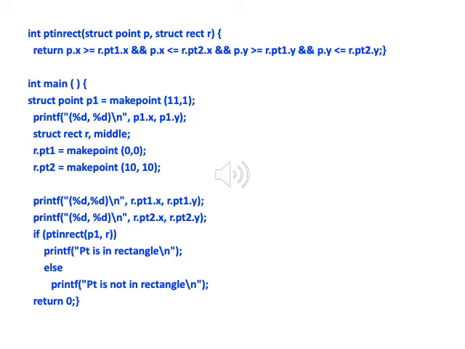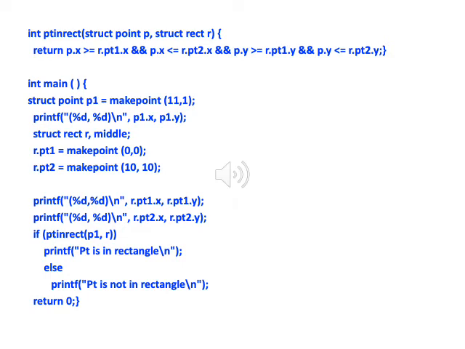It evaluates the expression, all parts are not true, so it will return 0. We're using it inside an if, and once we call the function we will get a value of 0. So the expression inside if is false, which will result in the else part being triggered, and that is going to print point is not in rectangle.